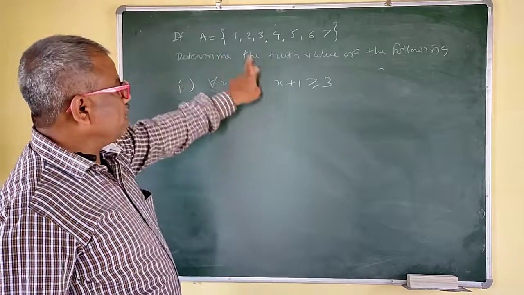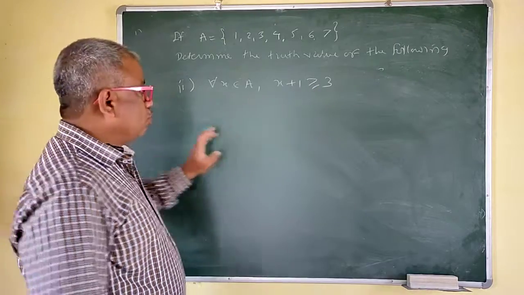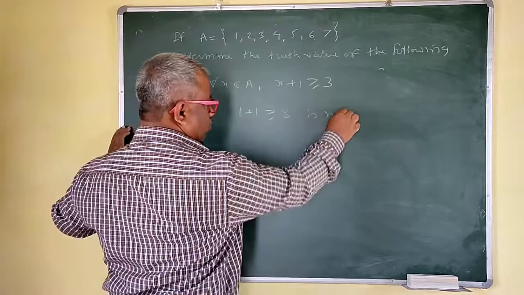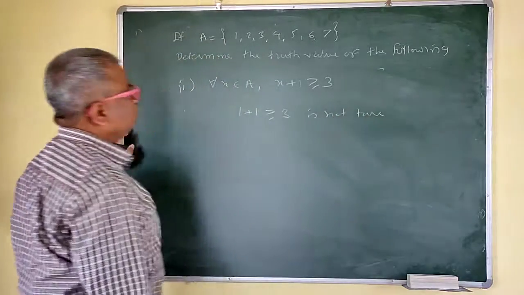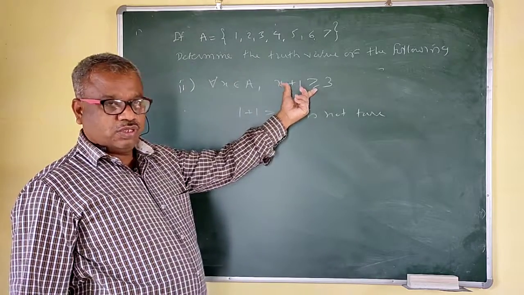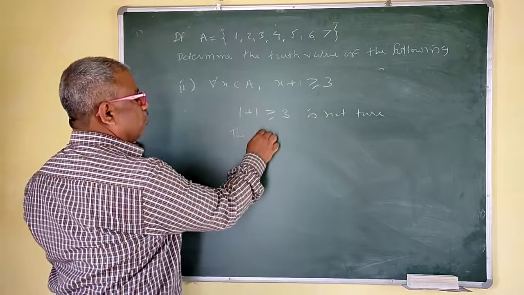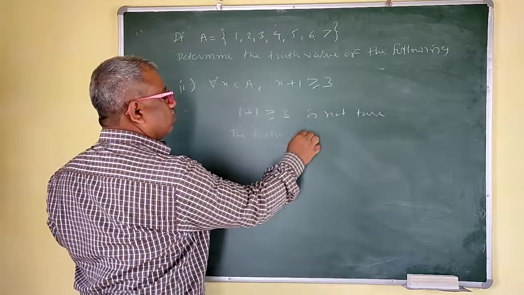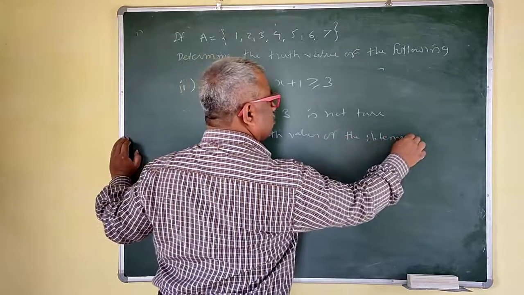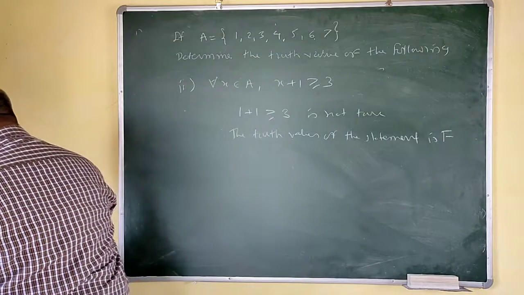See here, 1 is there; 1 plus 1 greater than or equal to 3 is not true. That means it does not hold for every value, so the statement is false. Therefore, the truth value of the statement is F.